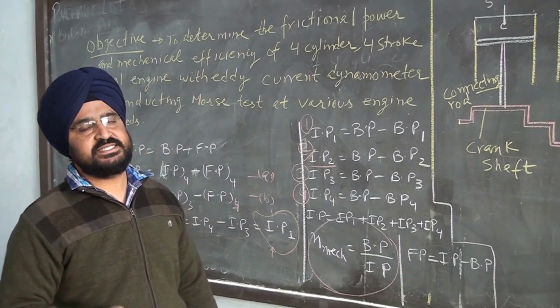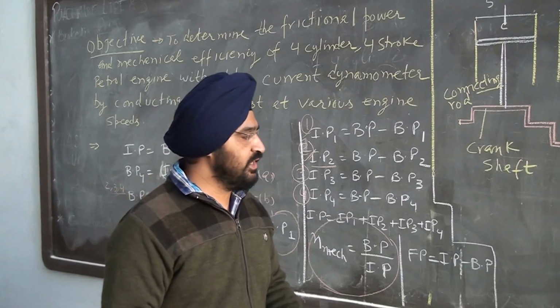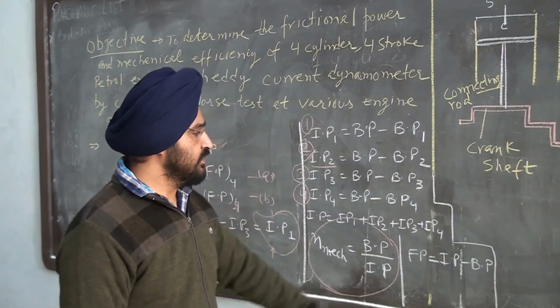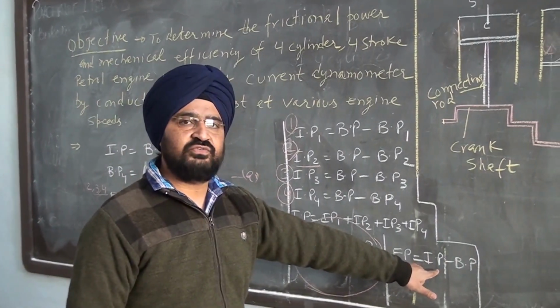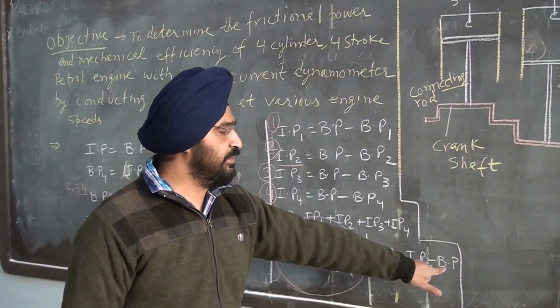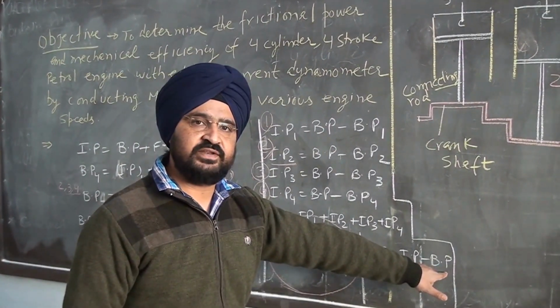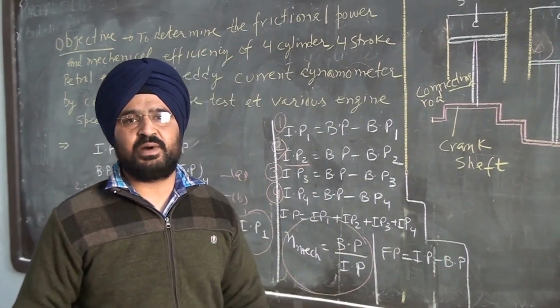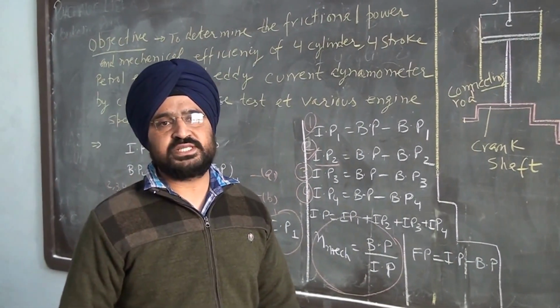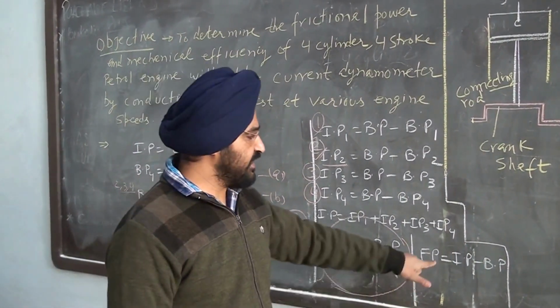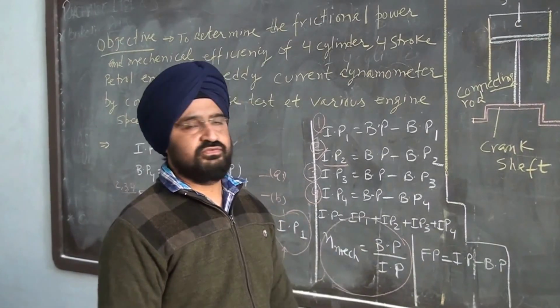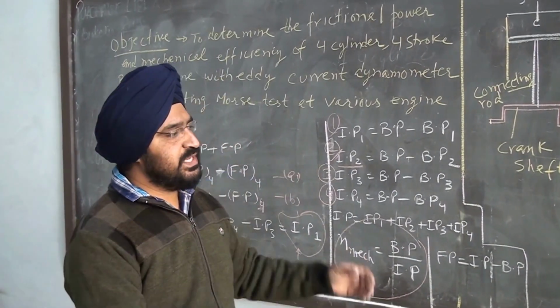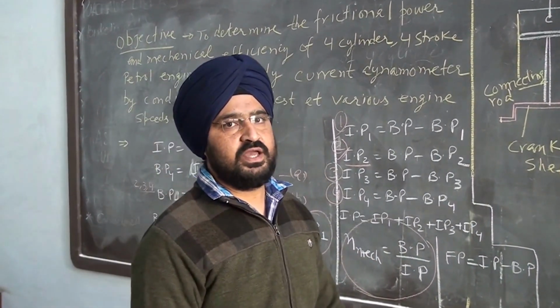Mechanical efficiency is the aim of the experiment. And how will you calculate the frictional power? We know the indicated power and the brake power of all four cylinders, so the combined frictional power of all four cylinders can now be found. So this is the brief theory of the experiment.